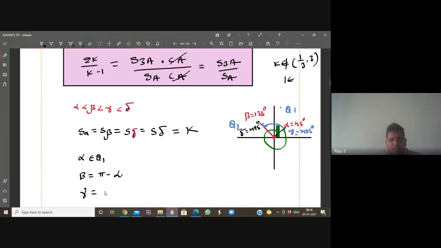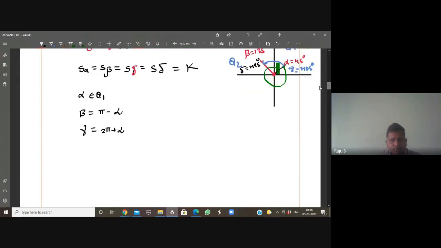So gamma I write as 2 pi plus alpha, because you should represent all the other angles in terms of pi or 2 pi alone. Don't represent like pi by 2 plus alpha. Even 135 can be written as pi by 2 plus 45.